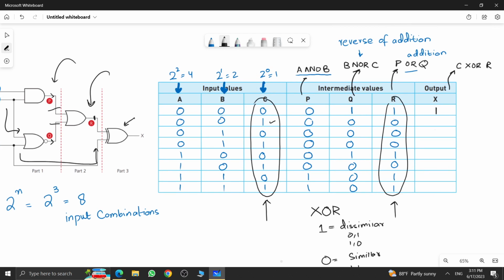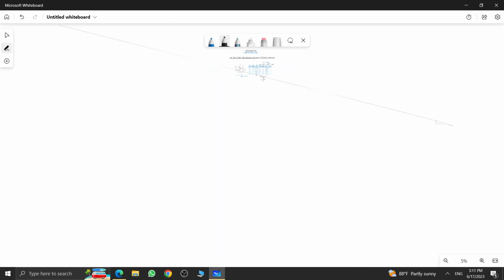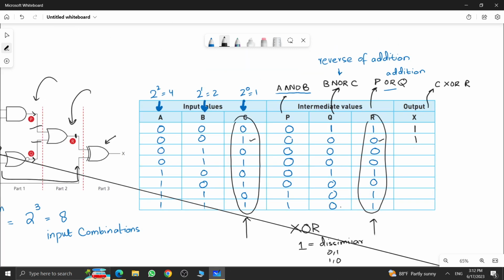Again, you have 1, 0. So the output is 1. So write down 1 in the second column due to dissimilar inputs. Now look at the third one, 0, 0. 0, 0 means that you will be having same values, so now the output will be 0.